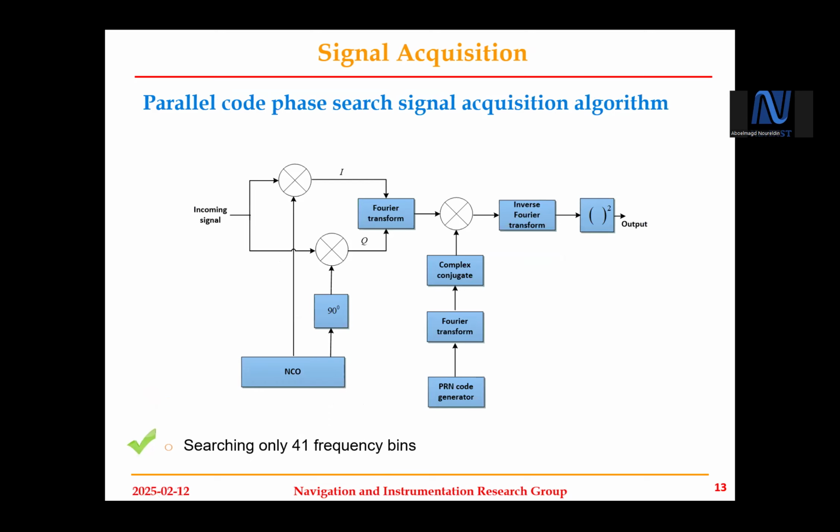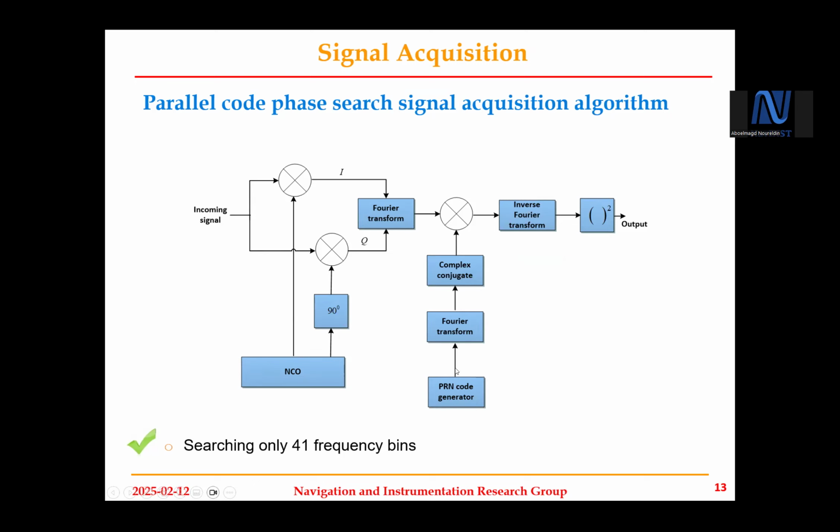So in this mode, as you see here, we generate the frequency in the numerically controlled oscillator here. We still need the I and Q. We hit the incoming signal with that. We apply Fourier transformation here, but we generate the code once.